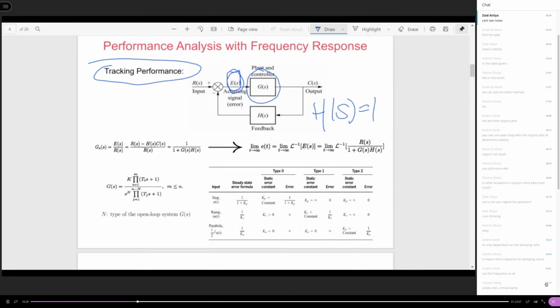Remember, we need to reorganize the open loop transfer function into this kind of expression.